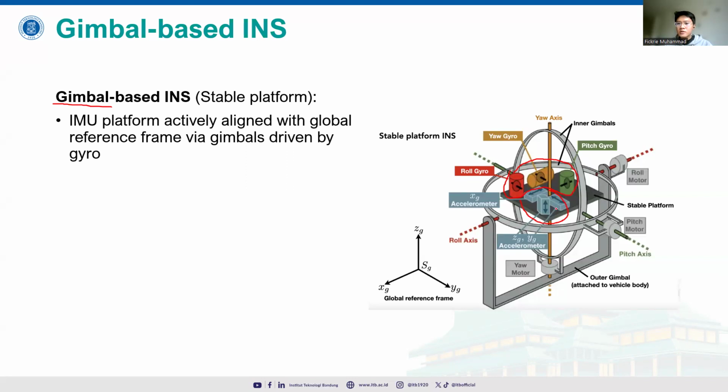This one is somewhat the same but slightly different, because all the sensors are mounted inside the gimbal so that it always aligns to the global reference frame, or the ECF, for example. The gimbal tries to always align it with the global reference frame, for example depending on the gravity effect, pointing downwards.